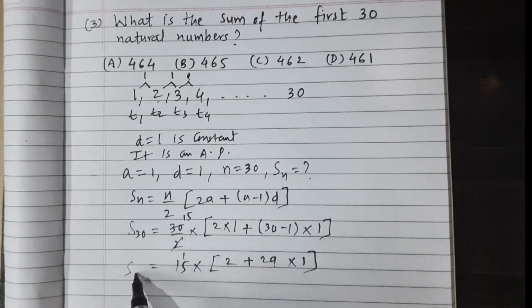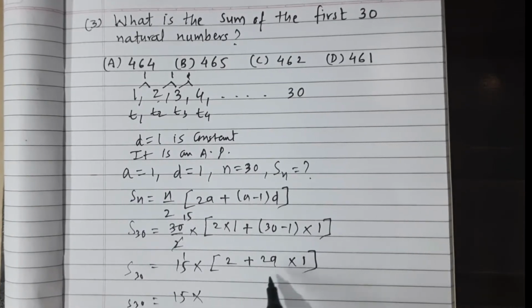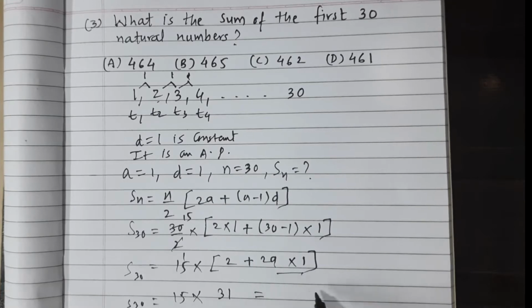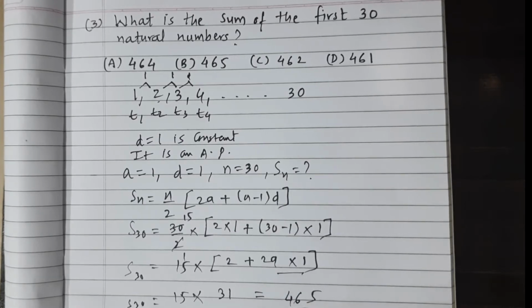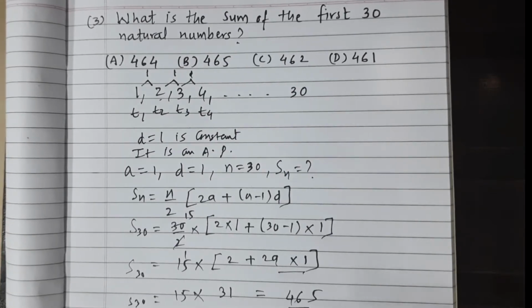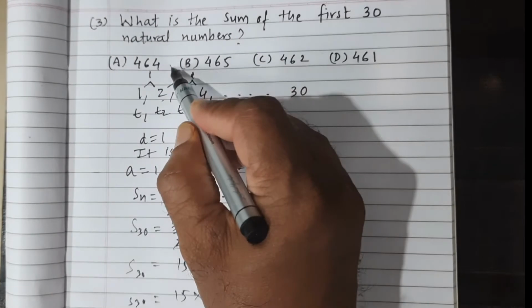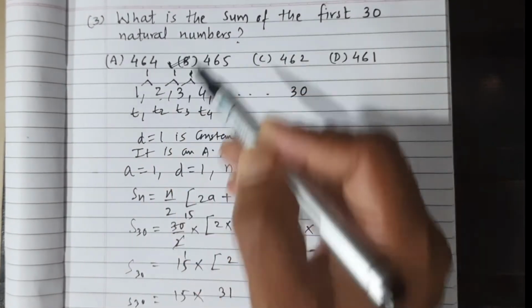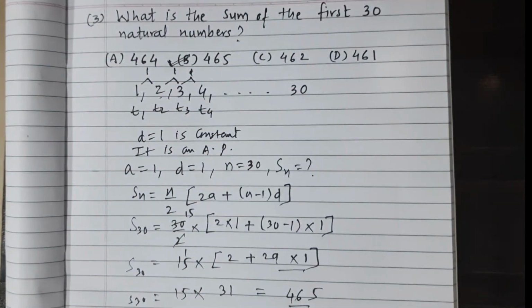Therefore S30 is equal to 15 into 29 plus 2, that is 31, which is equal to 15 ones are 15, carry 1, 15 threes are 45 and 1 is 46. So the sum of first 30 natural numbers is 465. So the correct option is option number B, 465.